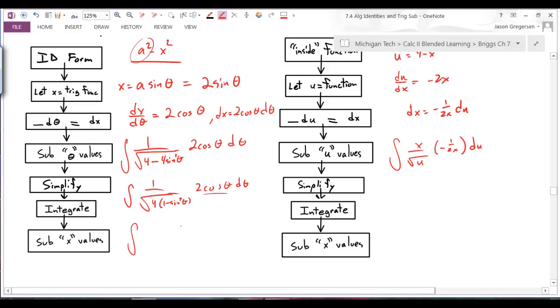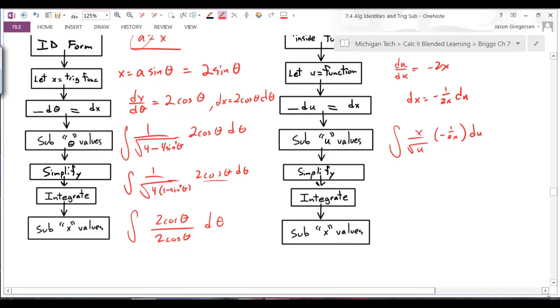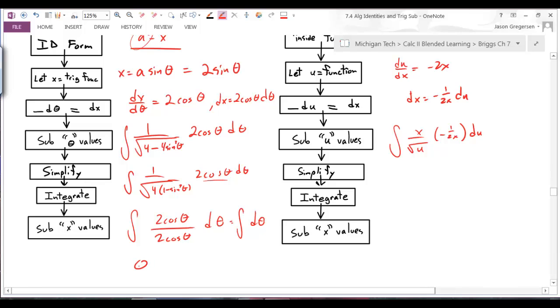The square root of 4 cosine squared is 2 cosine theta. So it really does simplify. I'm just integrating 1. What is the integral of 1 with respect to theta? Theta. Yep, theta. So the solution is theta.